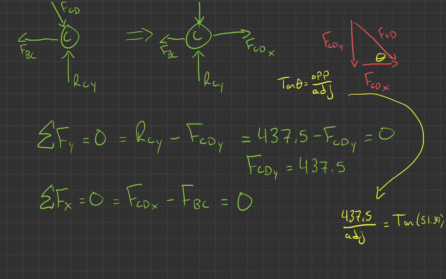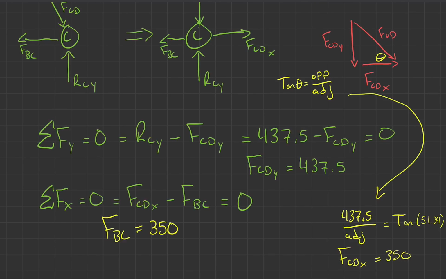So with a little bit of movie magic, we know that our force CDX is going to be equal to 350, which means our force BC, so FBC over here, is also going to be equal to 350.